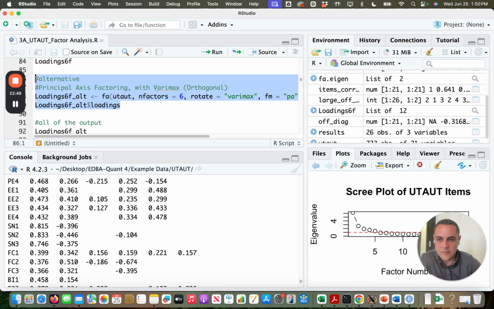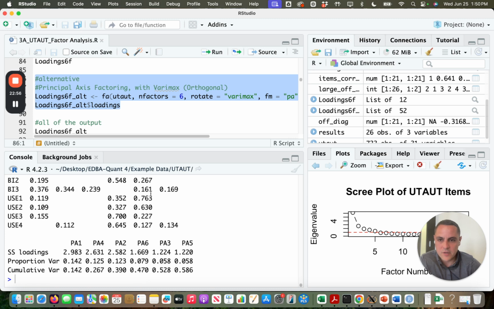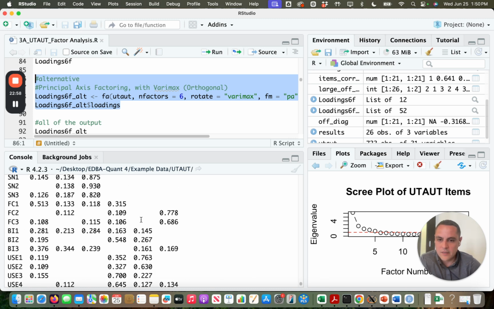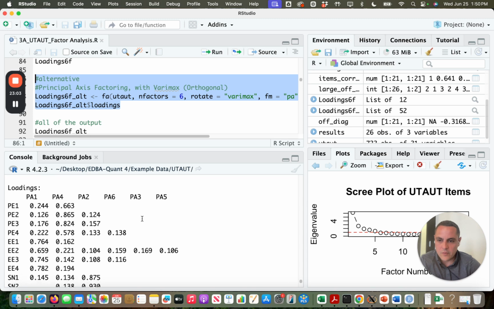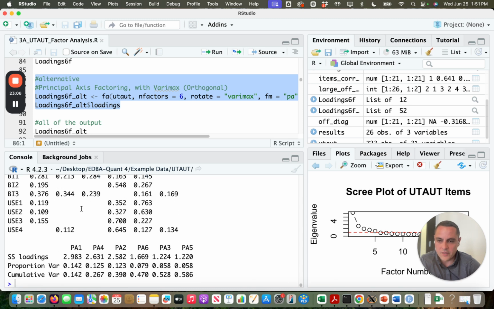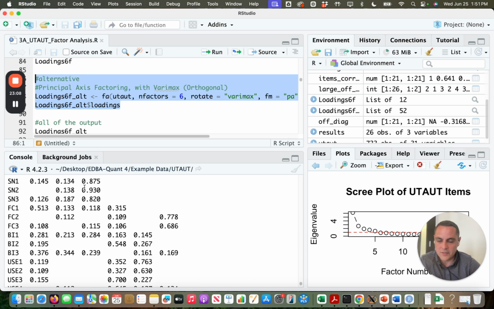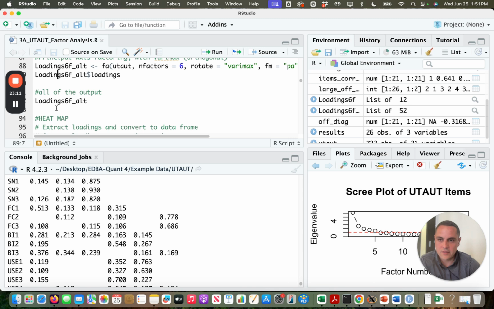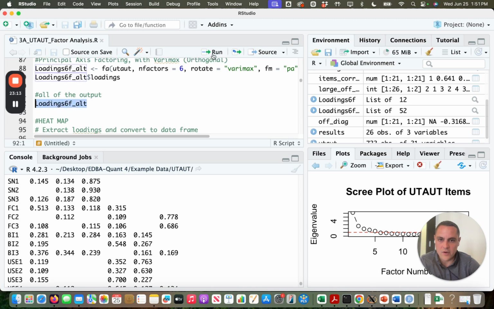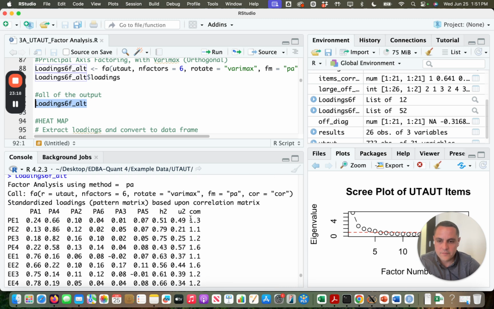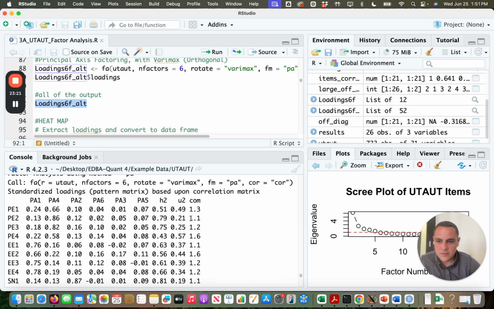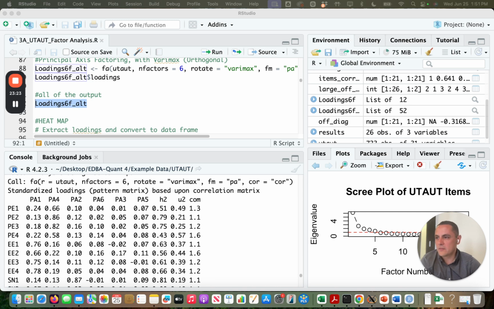But you can see there are a lot of variations of factor analysis out there. And so we're going to choose principal axis factoring and take a look here. So we have the loadings. I just extracted the loadings. We could look at all the output, and if I scroll here, you can see these standardized loadings.